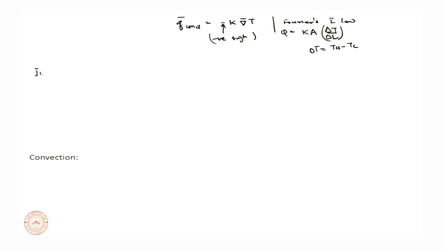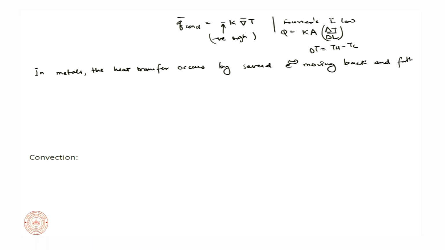So in metals, the heat transfer occurs by electrons moving back and forth among the atoms in a disorganized or random fashion.